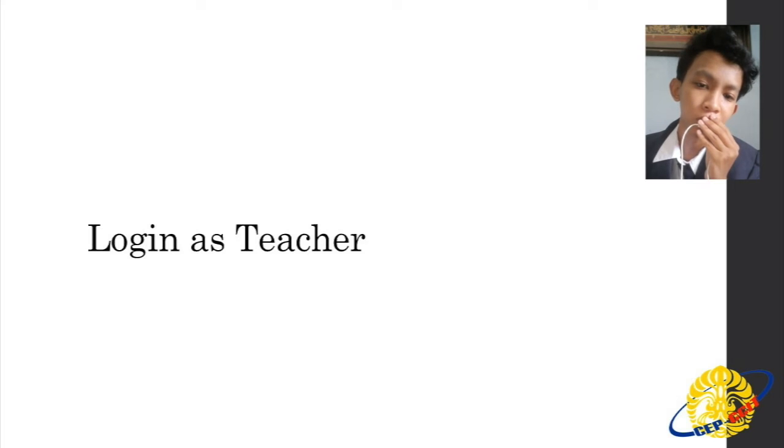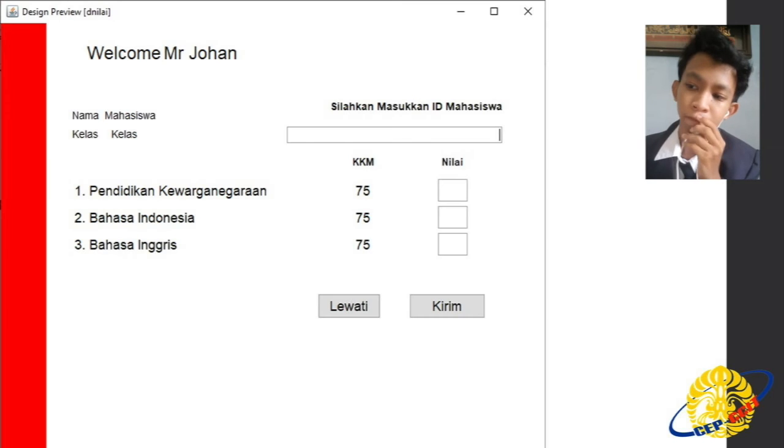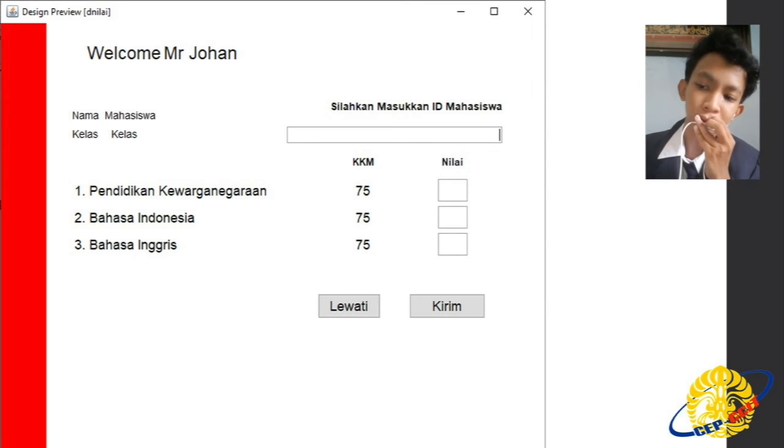I will explain only the docent GUI. If you have docent status and fill the login column, we will move to another frame. This frame is to fill the score of any subject of mahasiswa.